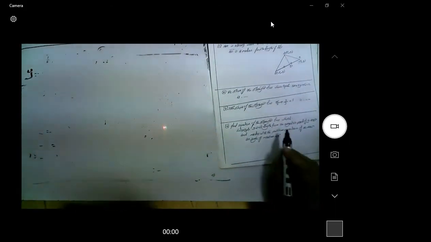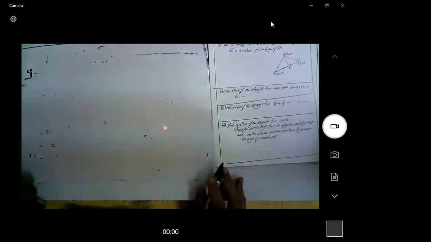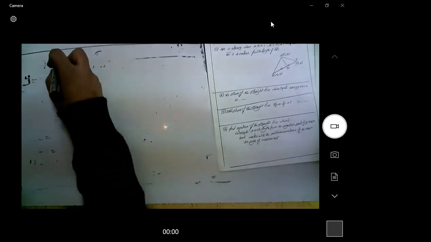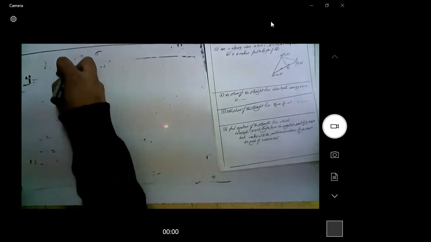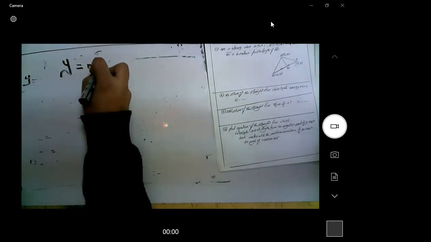Find the equation of the straight line which intercepts 3 unit lengths from the negative part of the y-axis. You know that the equation of the straight line in the right form is y equals mx plus c.